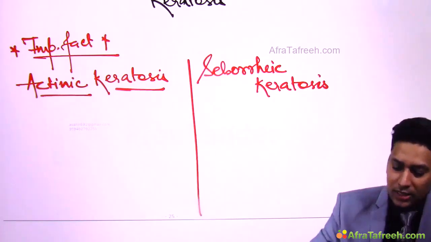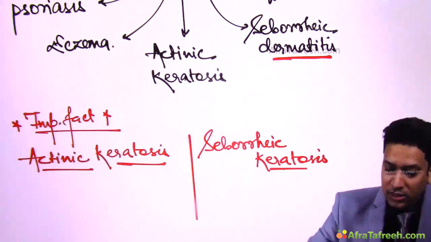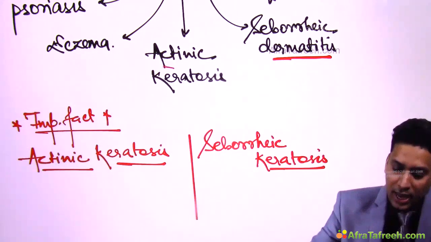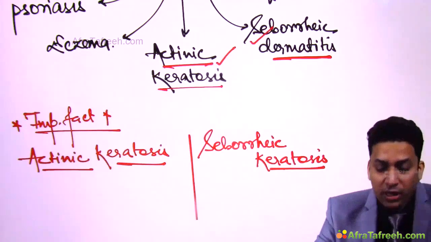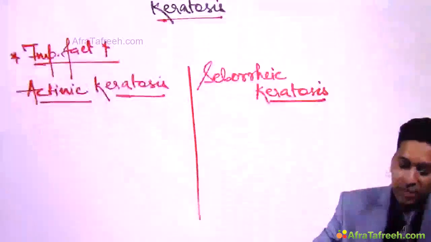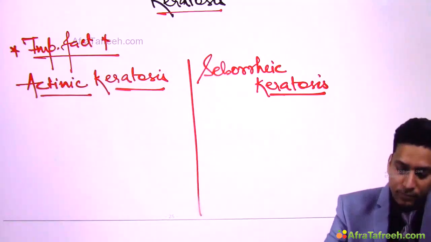Actinic keratosis and seborrheic keratosis. See, this is seborrheic dermatitis here, not seborrheic keratosis. This is a separate condition. Okay, and this is actinic keratosis. So remember, it is actinic keratosis and seborrheic dermatitis, not seborrheic keratosis. While here in important facts, we are discussing these two conditions, that is actinic keratosis and seborrheic keratosis.